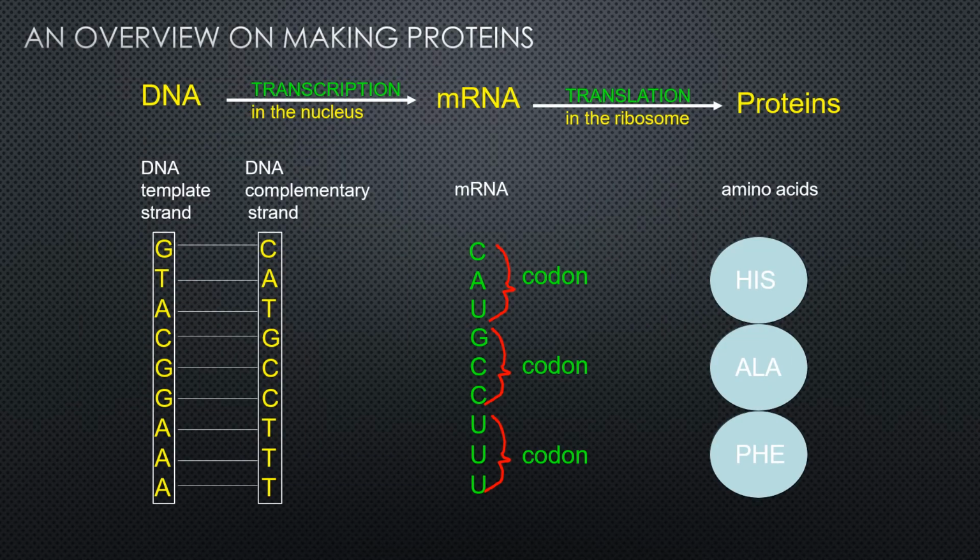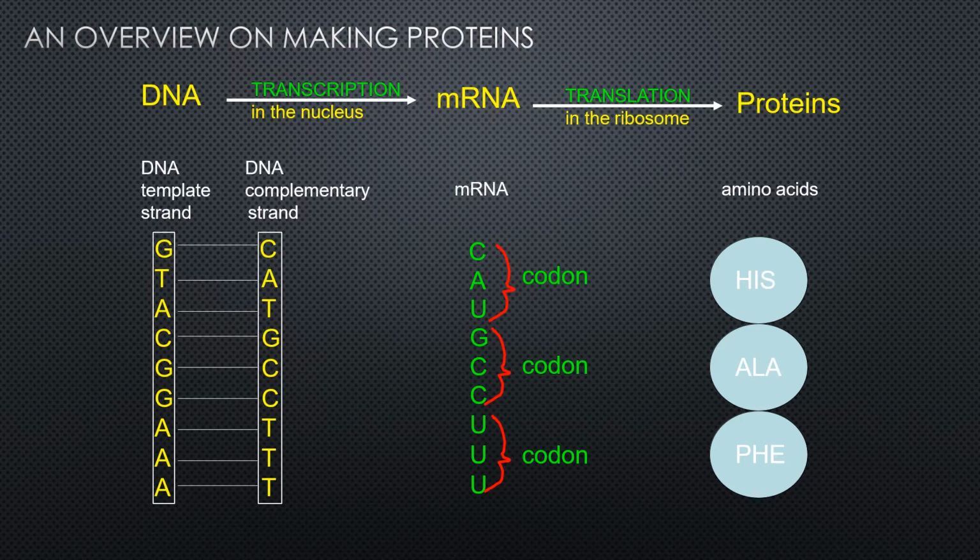So you saw this slide last time, and I just wanted to quickly review it so we're all on the same page. Our overview of making proteins is we're starting with our DNA in the nucleus, and we have our template strand and our complementary strand. And the messenger RNA then is going to be created from our template strand.